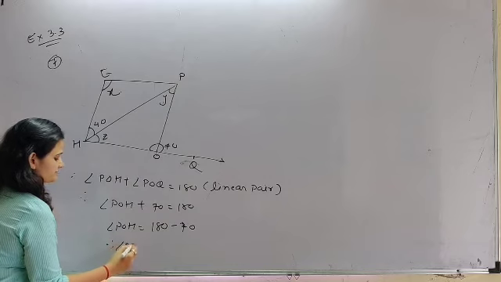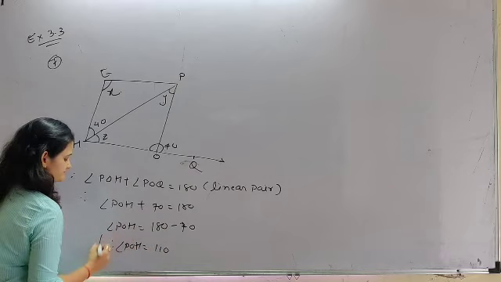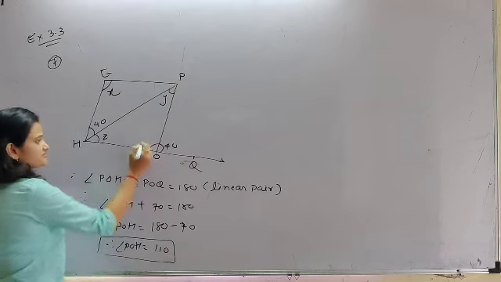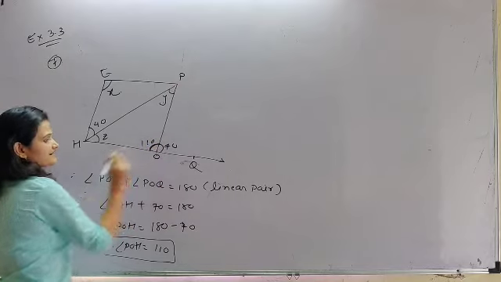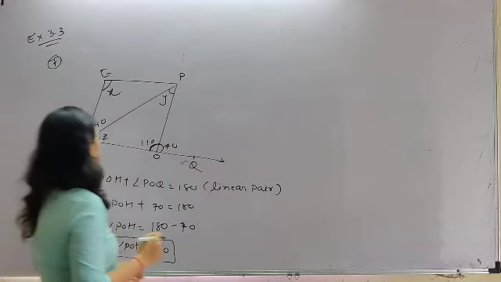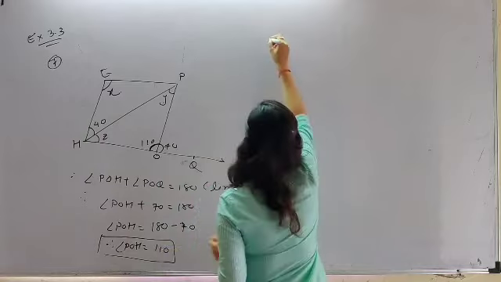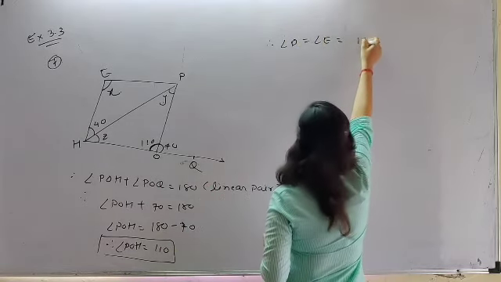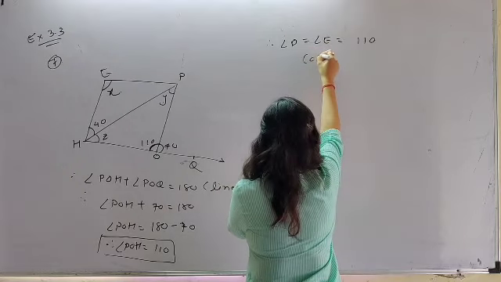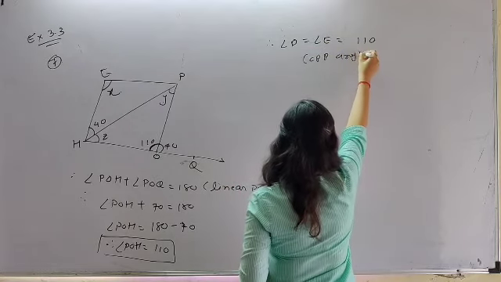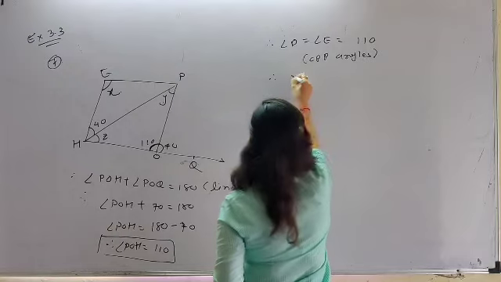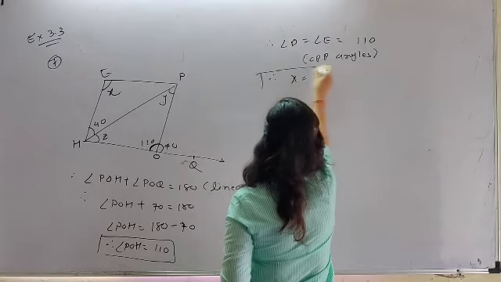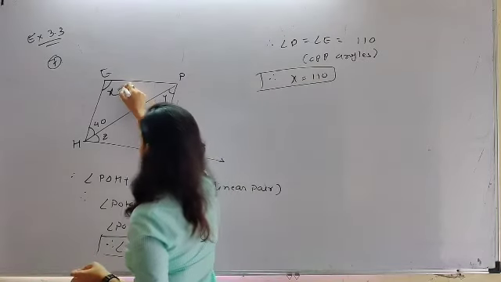So angle POH is equal to 110. Angle POH means this angle is equal to 110. Okay. So angle O is equal to 110. So angle O is same as angle E is same as 110. They are opposite angles. That means x is equal to 110. So we got x, 110.